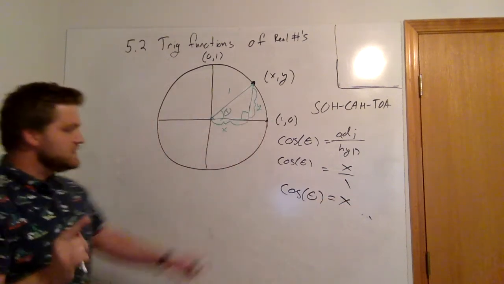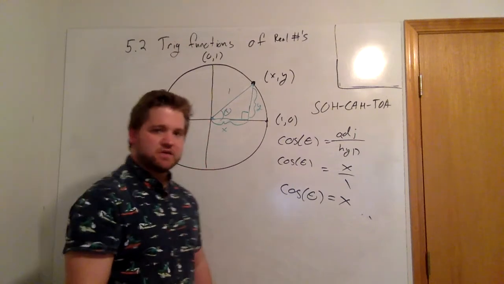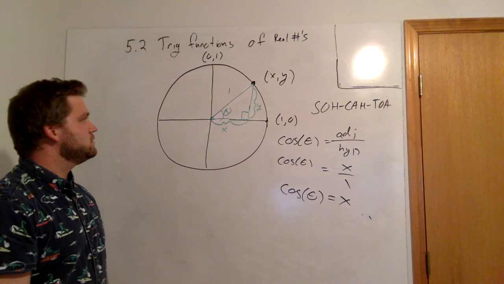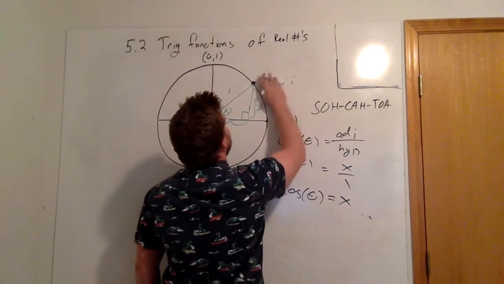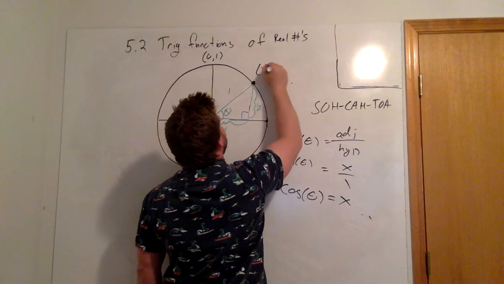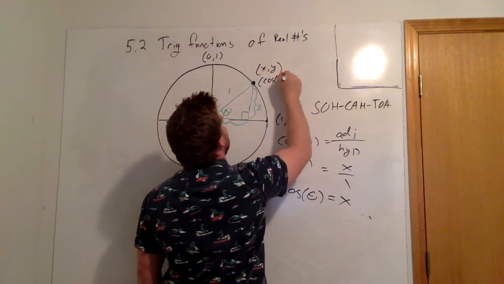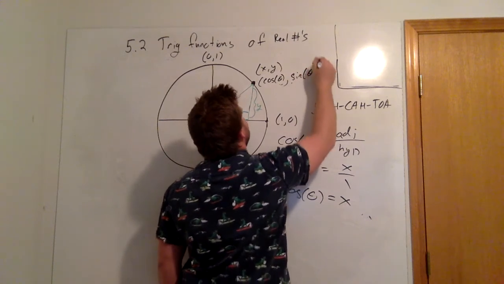That means that the x-coordinate on the unit circle is the same thing as the cosine of theta. Beautiful. So instead of writing x and y, the x-coordinate is the same thing as cosine of theta, and the y-coordinate is the same thing as sine of theta.